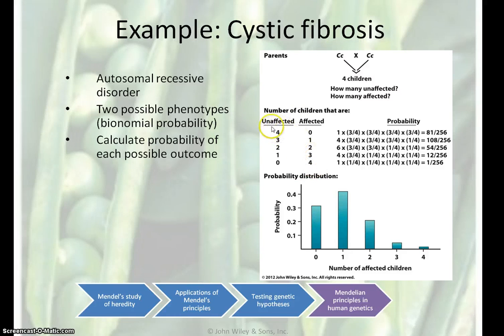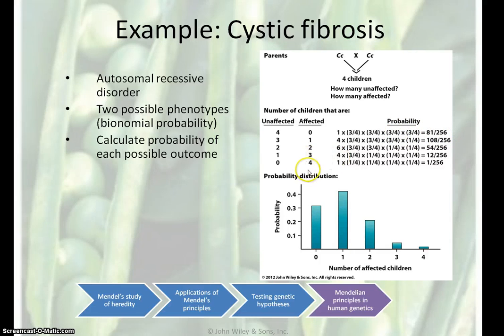For 4 unaffected, keeping in mind this is a monohybrid cross between 2 heterozygous individuals, we know from Mendel's monohybrid crosses that there's a 3 out of 4 chance that the offspring will have the dominant phenotype, which is the unaffected phenotype. Remembering our multiplicative rule, it's 3/4 times 3/4 times 3/4 times 3/4, or 81 over 256.